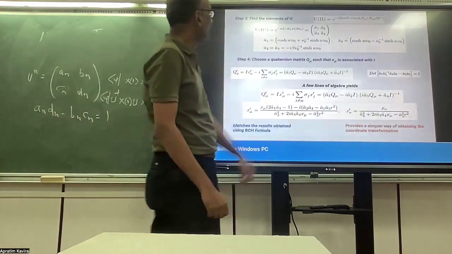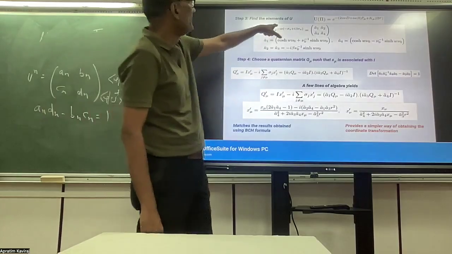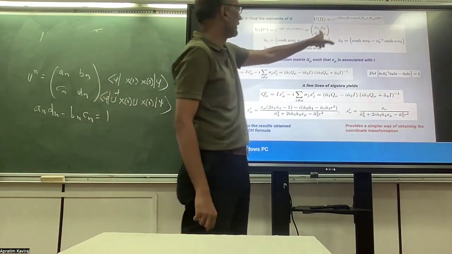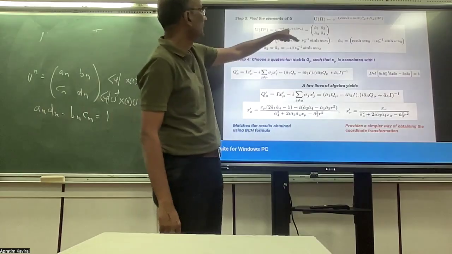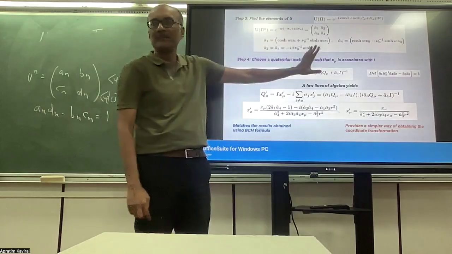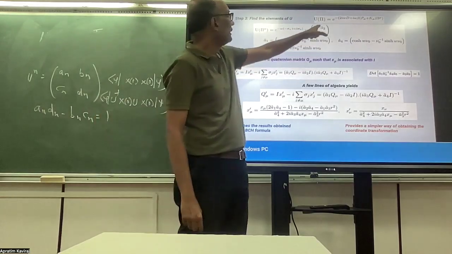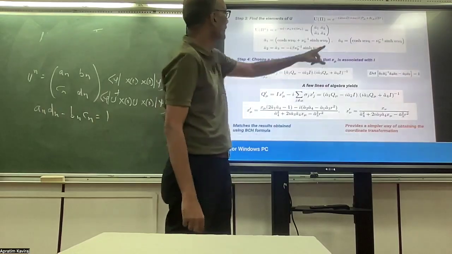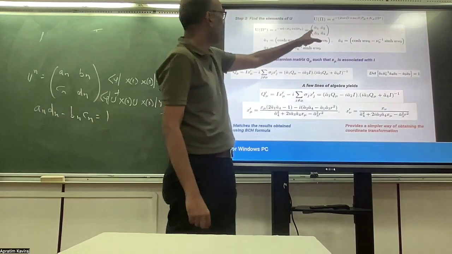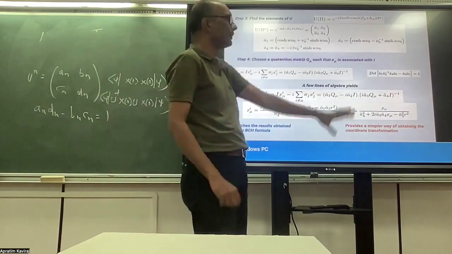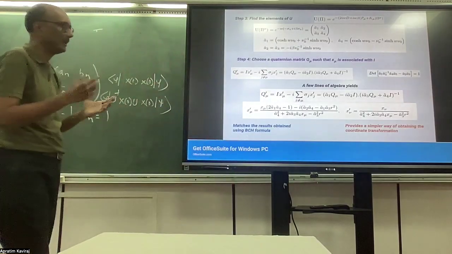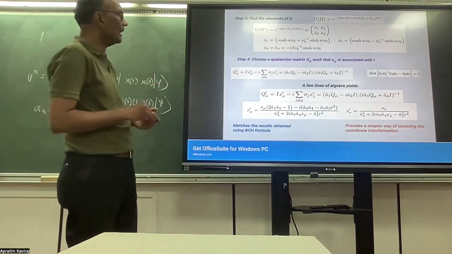Now, the next step is to find the elements of U, which you can do using the SU(1,1) property. This is just minus sigma z plus i beta sigma x in my language. And you can just get this A1, A2, A3, A4. These are all the elements of this 2 by 2 matrix.